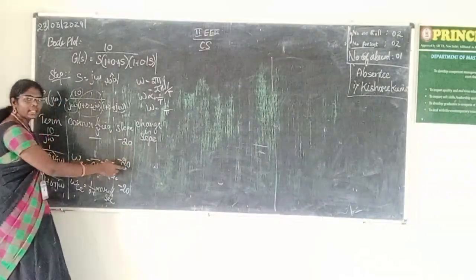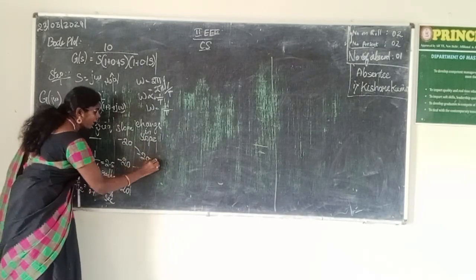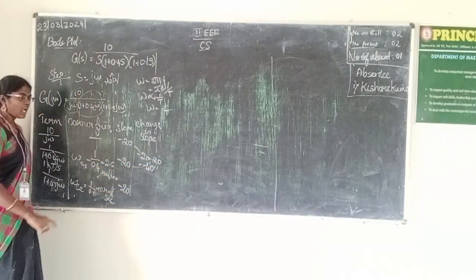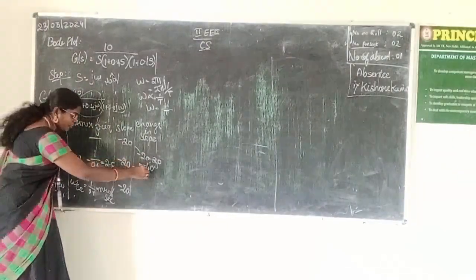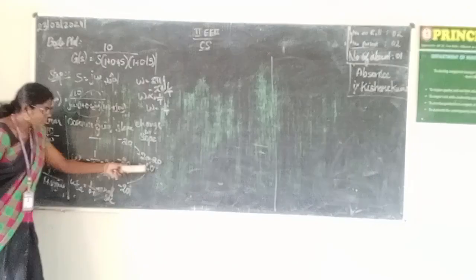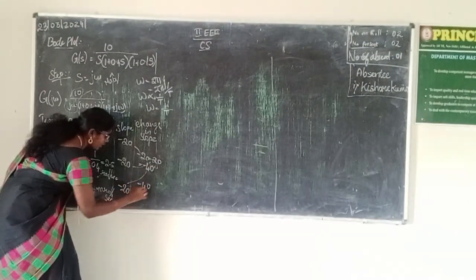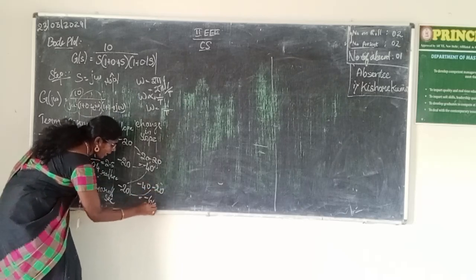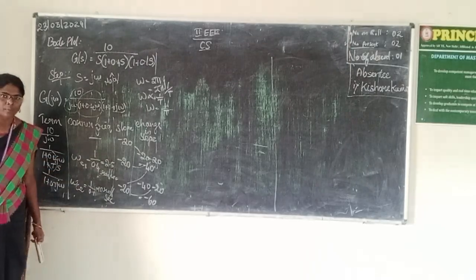We will be adding these two: minus 20 minus 20 is equal to minus 40. Again, we have found some change in slope over here. We will add the change in slope to the next slope. That is minus 40 minus 20, which is equal to minus 60. This is how we will be doing the change in slope.